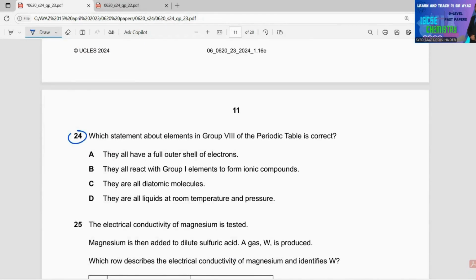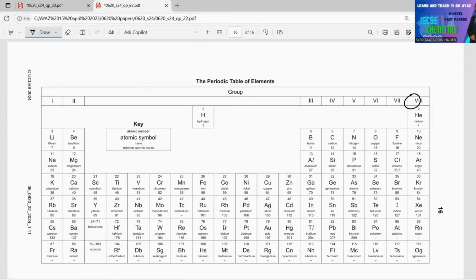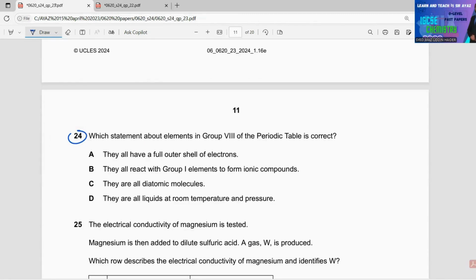24. Which statement about elements in group 8 of the periodic table is correct? So we have group 8 elements. It includes helium, neon, argon, krypton, xenon, and radon. A, they all have a full outer shell of electrons. This statement looks correct to me. For your convenience, I'm reading the other choices also. B, they all react with group 1 elements to form ionic compounds. This is incorrect.